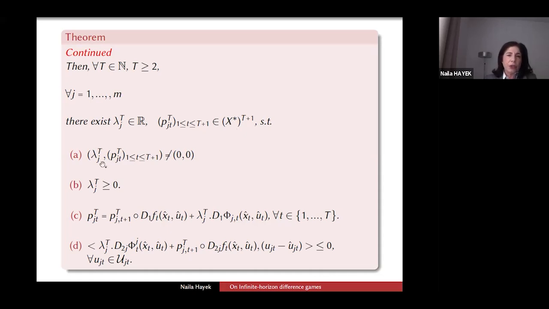So the conditions, they are non-zero, these two, the same, exactly, an adjoint equation. This is the weak principle, okay? It's written with an inequality because I'm looking at it at every u_j minus u hat_j,t.